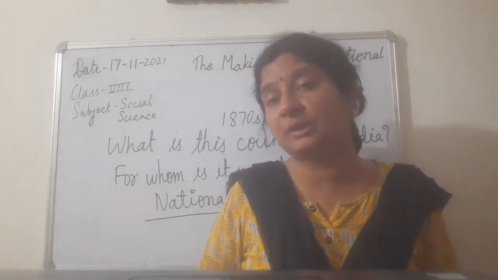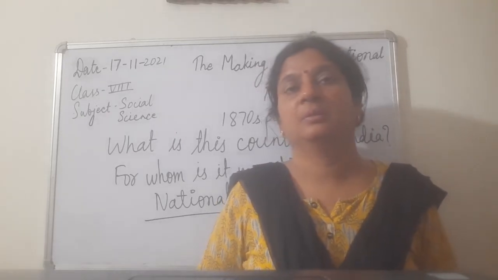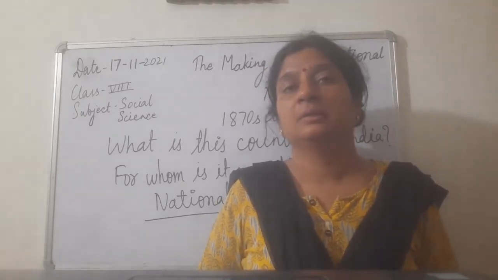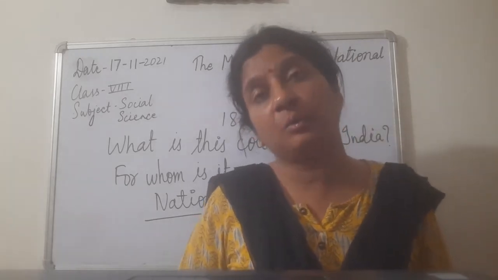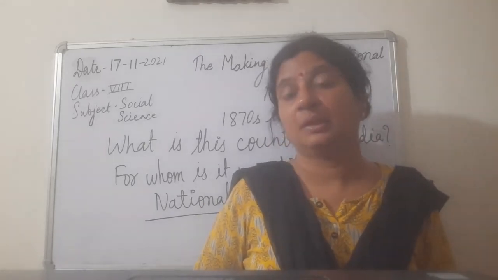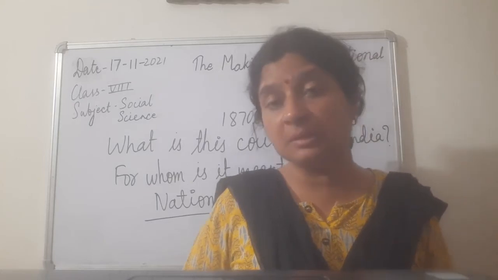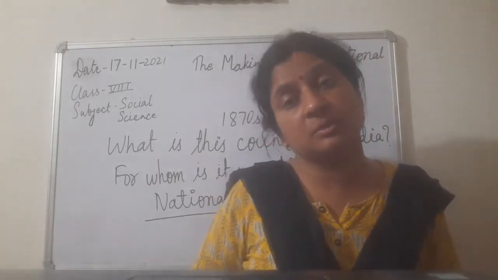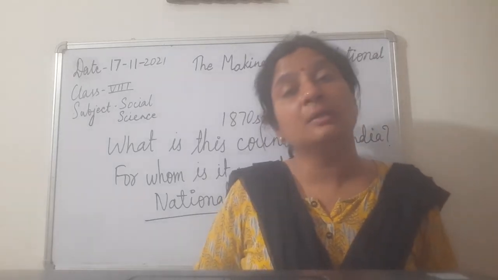The resources of the country need not be controlled by the British, है ना. This control needed to be ended, and then only India could be for Indians. India Indians के लिए हो. इंडिया के जो रिसोर्सेज हैं उसको इंडियंस यूज़ करें, न कि अगर ब्रिटिश यूज़ कर रहे हैं तो फिर हमारी कंट्री क्या है?